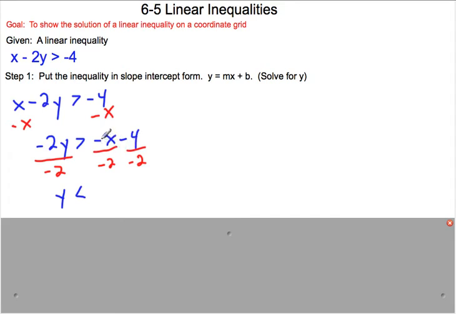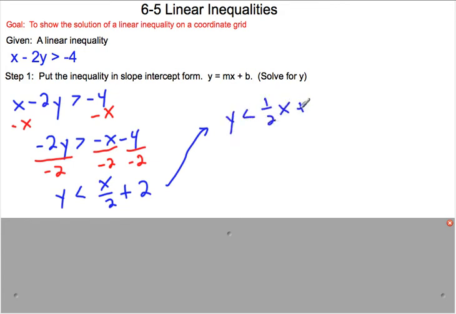Okay, so now we have a negative divided by a negative, so it's positive x over 2. And then again, negative 4 divided by negative 2 is positive 2, which looks like a plus 2. X over 2, if you're not familiar with that, is the same thing as writing 1/2 x.